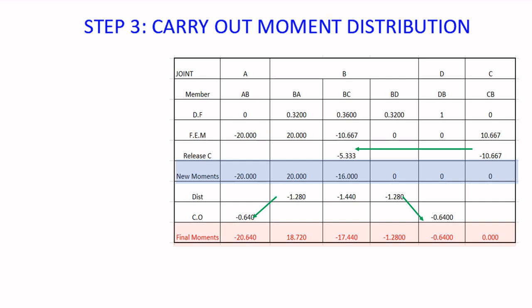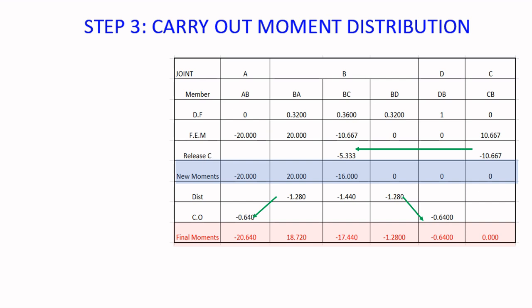For BC, it's negative 10.667. For BD it is 0 because there is no loading. DB is also 0. And for CB it is 10.67. The distribution factors, the ones we have just calculated, for BA is 0.32, BC 0.36, and BD is 0.32, and we end there.